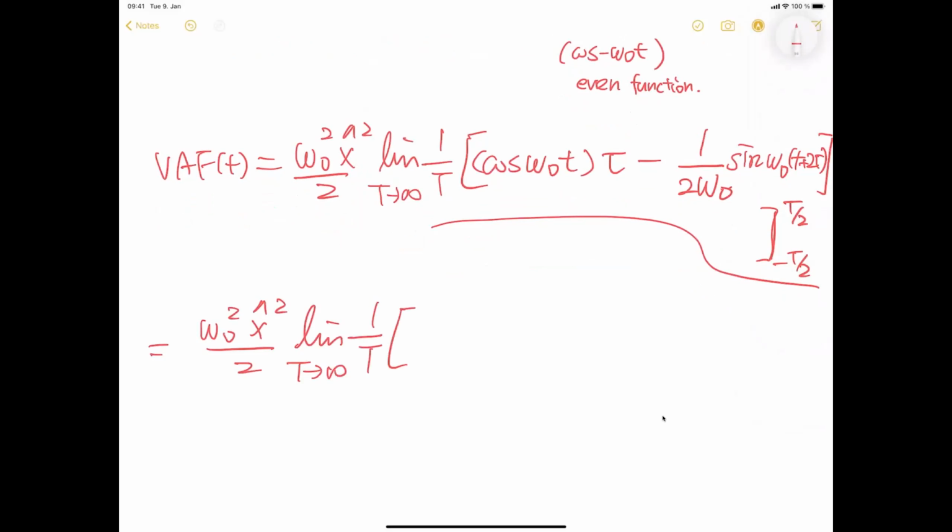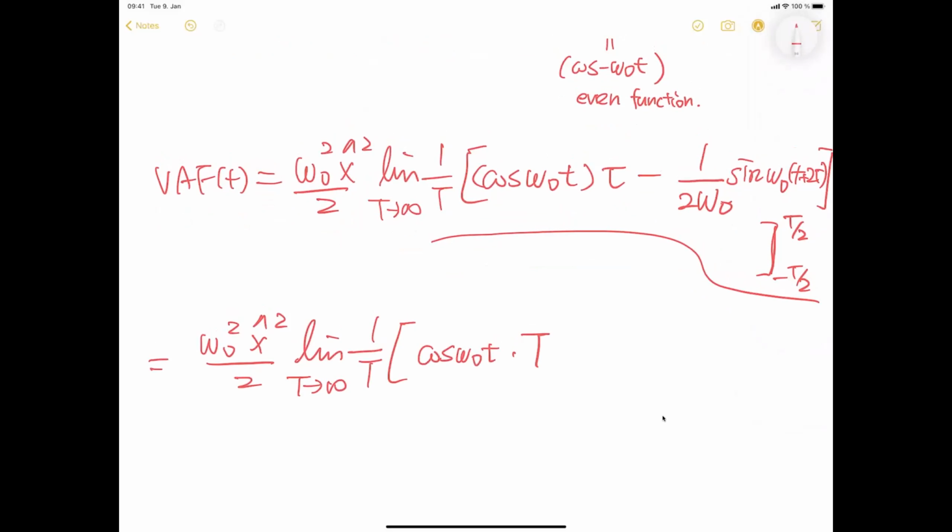And then here we have t half minus minus t half, so this will be t. So we have cosine omega 0 t times t, right? And here we have 1 over 2 omega 0. And then this will give you sine omega 0 (t plus t) minus sine omega 0 (t minus t).